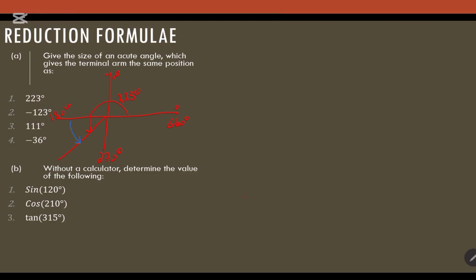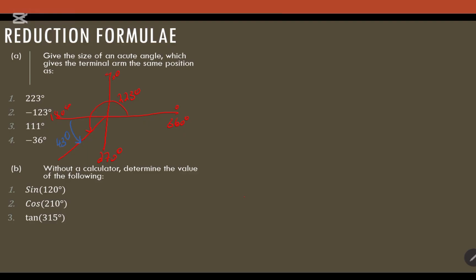So the question then is, what is the size of the angle that gives the same position as the terminal arm of 223 degrees? Now you simply say 223 degrees minus 180, and that is 43 degrees. So that means the size of this angle here is 43 degrees.